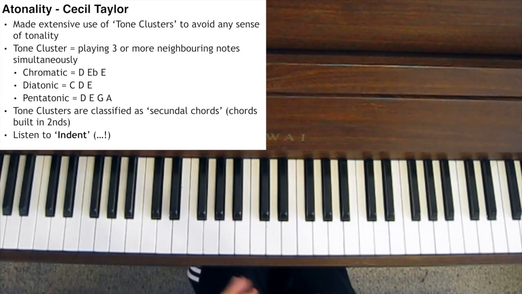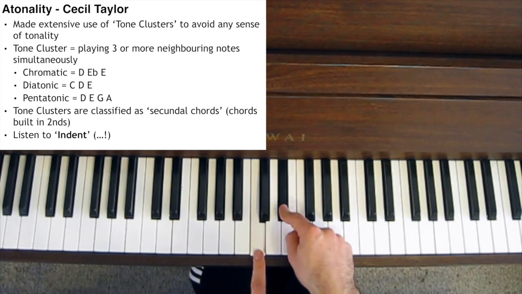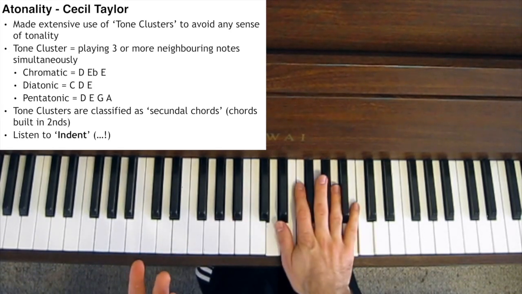Now all tone clusters are classified as secundal chords, that is, chords built out of seconds, either a minor second, a major second, or an augmented second. But essentially a tone cluster is just a fancy academic word for mashing the keys.